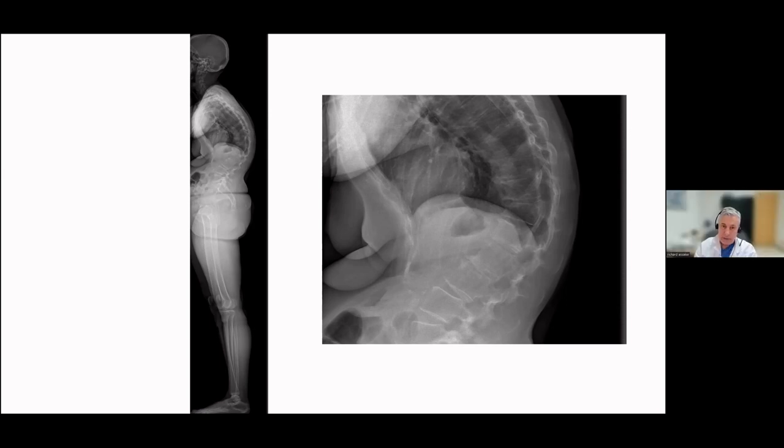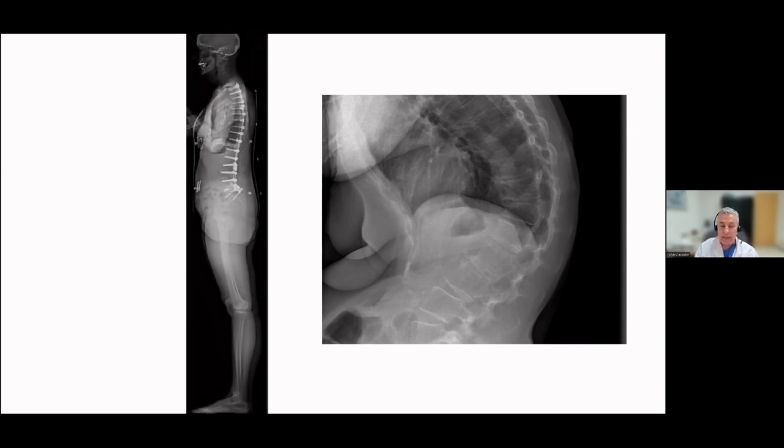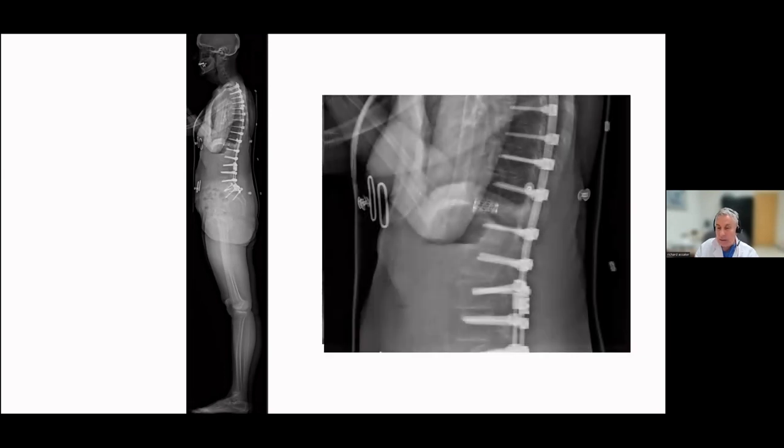The second topic would be how to deal with your surgery with a minimum of complications. So you can see that such a patient needed a major surgery with a VCR and then a closed wedge osteotomy to realign the thoracolumbar area and restore acceptable balance.